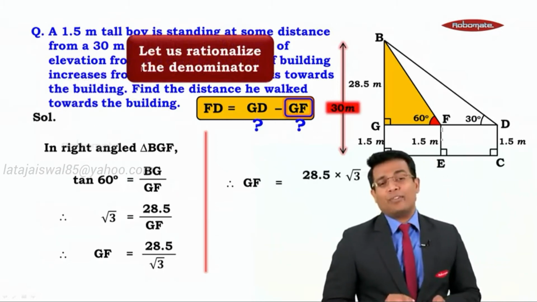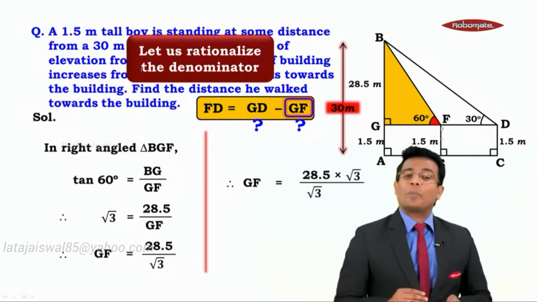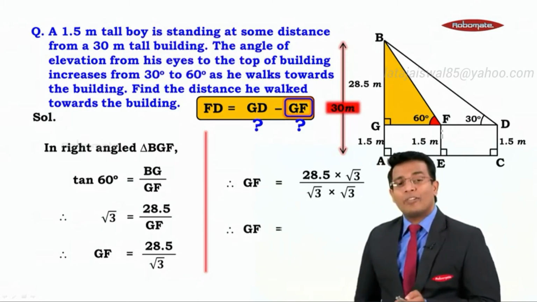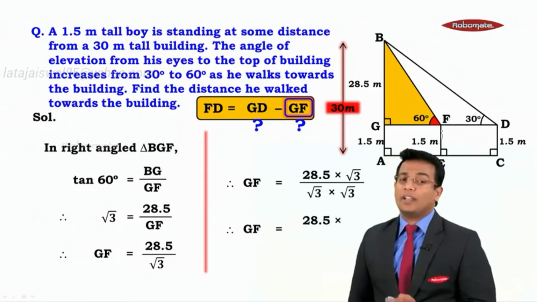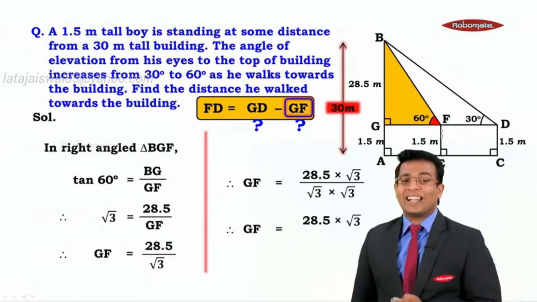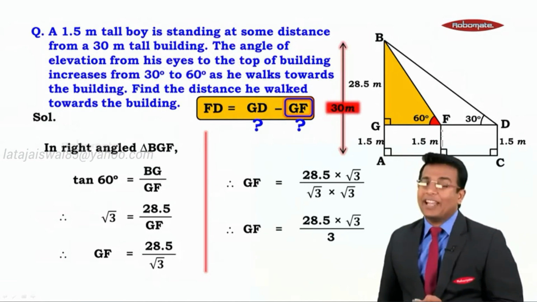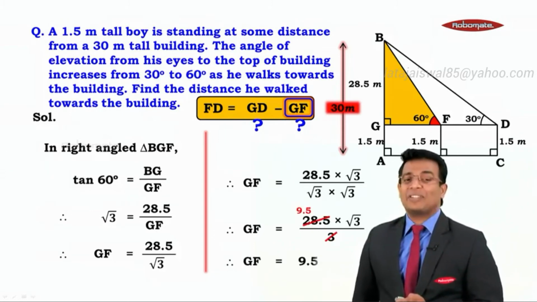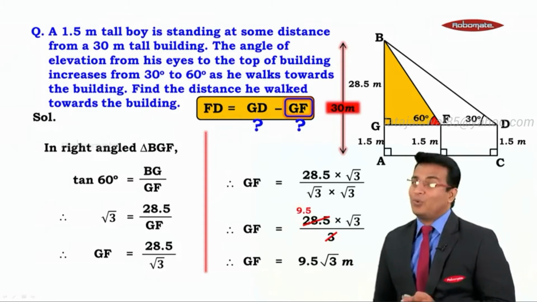So we have in the numerator 28.5 root 3, and in the denominator root 3 into root 3. What is that? It is nothing but 3, right? Now do the cancellation, and we get GF is equal to 9.5 root 3 meter.